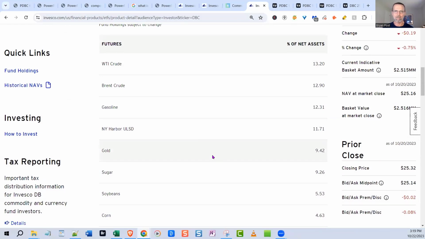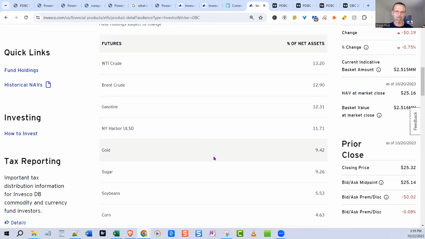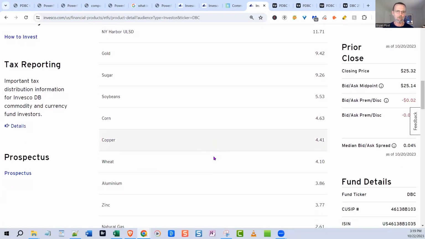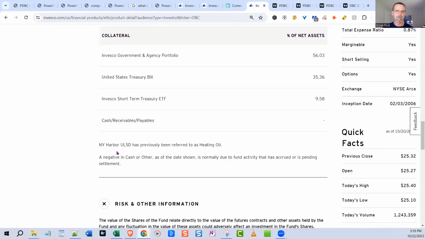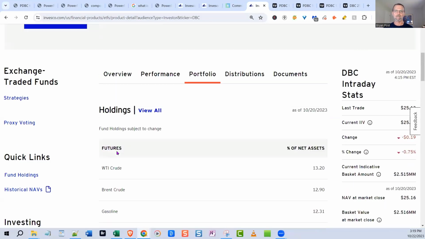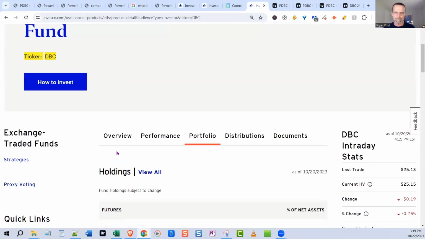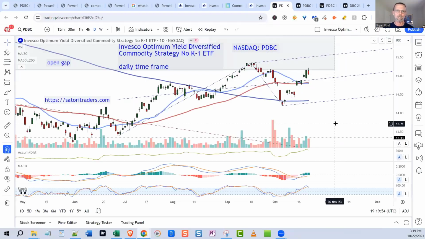So, basically half is energy, a quarter is food, and the other quarter is split between base metals and precious metals. So basically, it's an identical exposure to the commodities without some of the tax consequences. Now let's look at the charts.